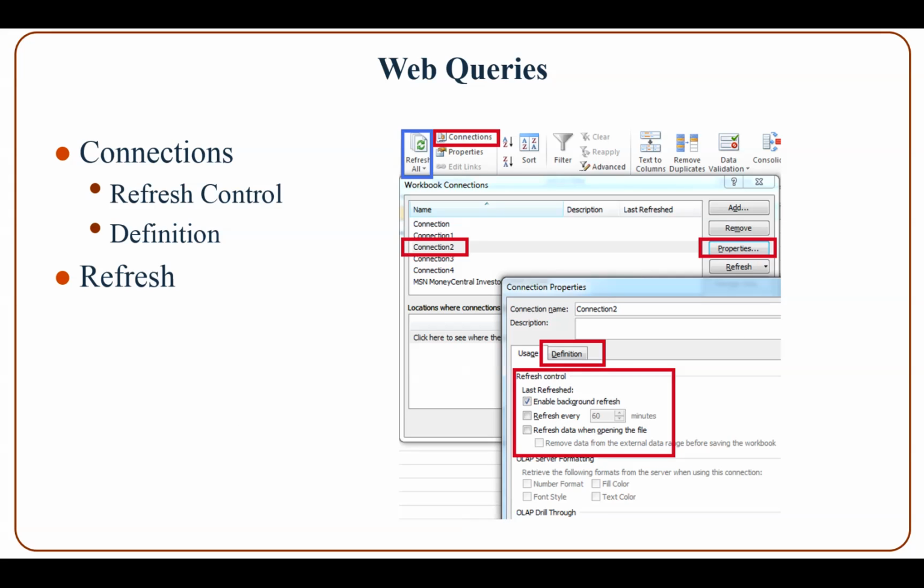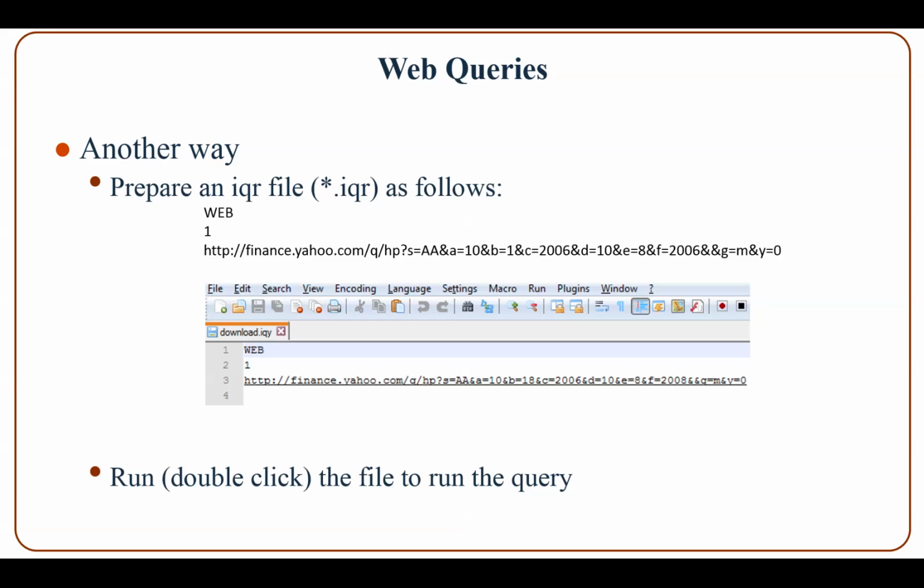You can see the connections by clicking the Connections button. You can specify the properties of the connections, such as enable background refresh, or refresh every 60 minutes or 30 minutes, etc. For web queries, another way is to prepare an IQY file.